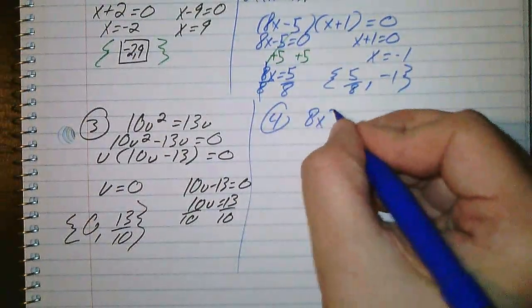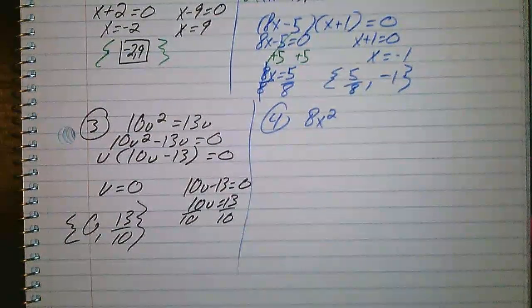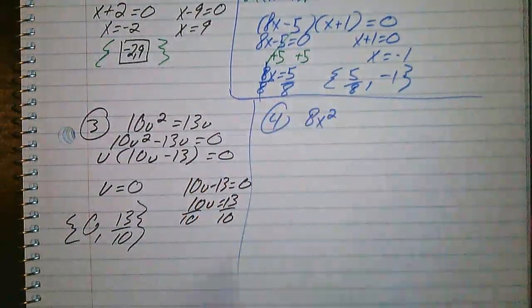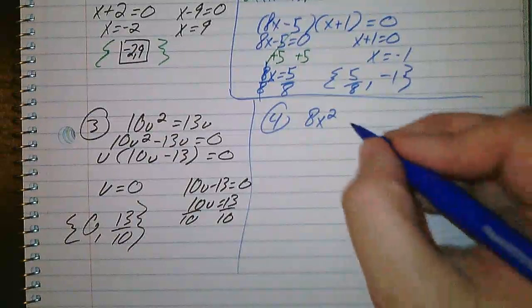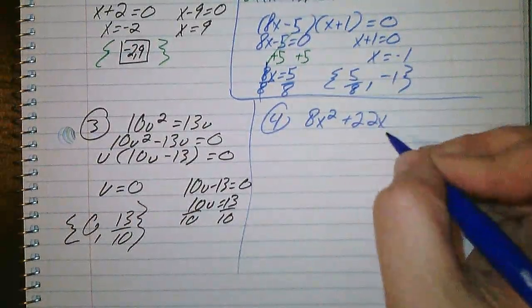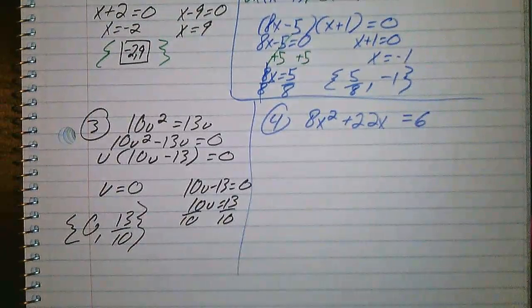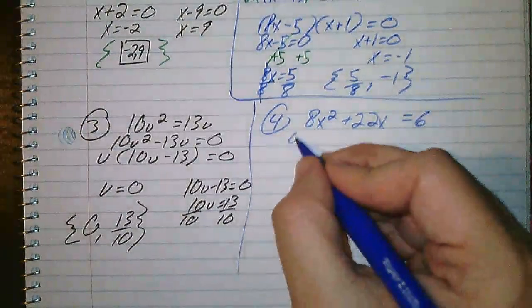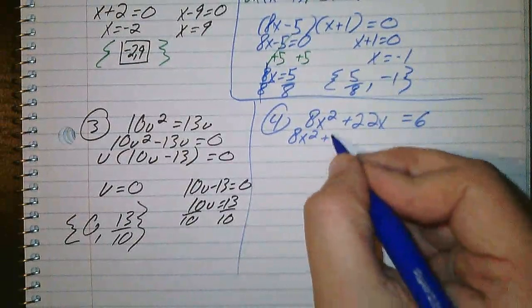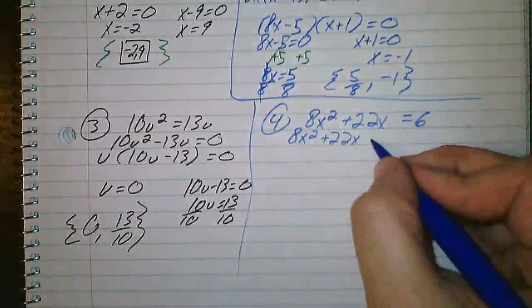Here's the problem students probably want help with. Let's take 8x squared plus 22x equals 6. Again, to solve a quadratic, we must be set equal to 0.